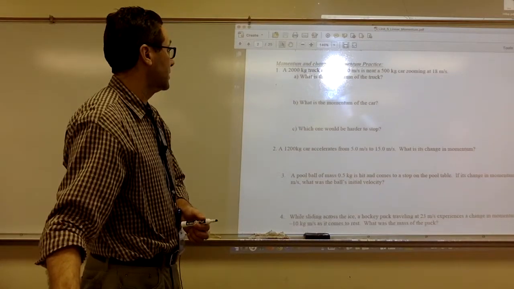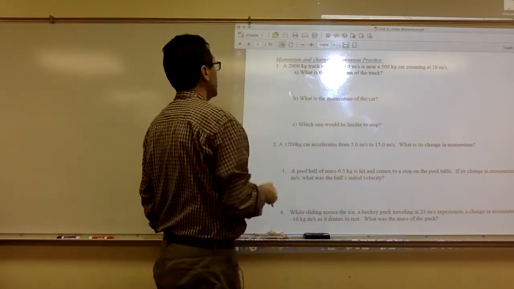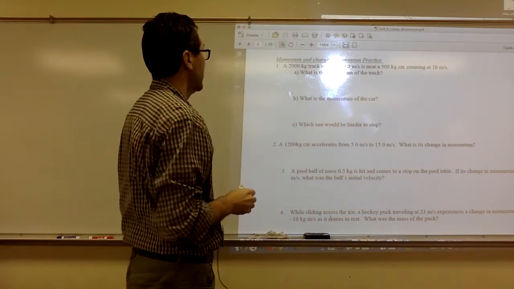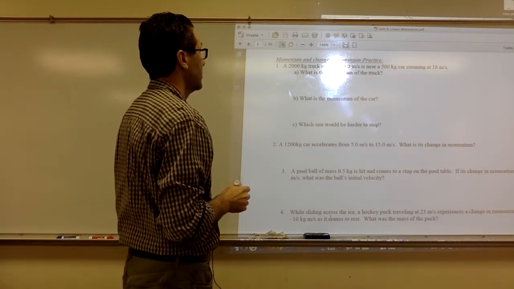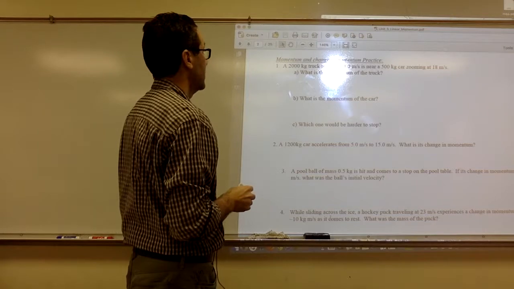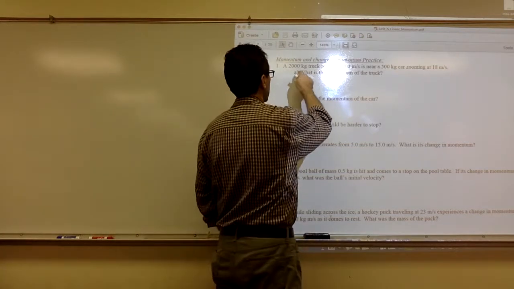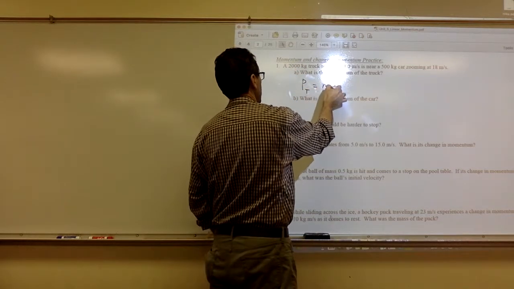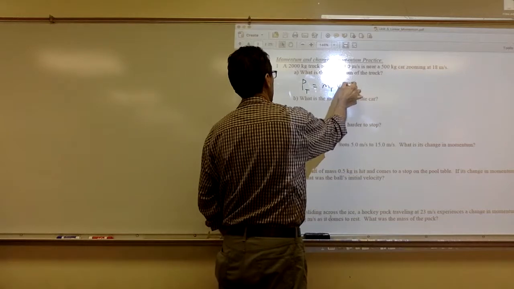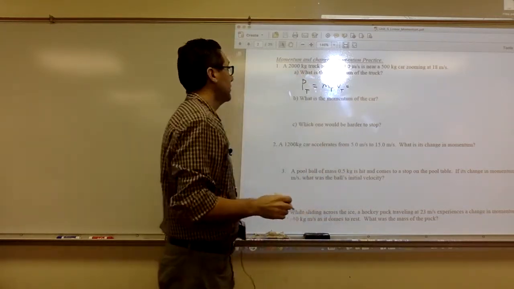A lot of these are extremely simple. The first one: a 2,000 kilogram truck rolling at 4 meters per second is near a 500 kilogram car going at 18 meters per second. To find the momentum of the truck, PT is the mass of the truck times the velocity of the truck, so 2,000 times 4.